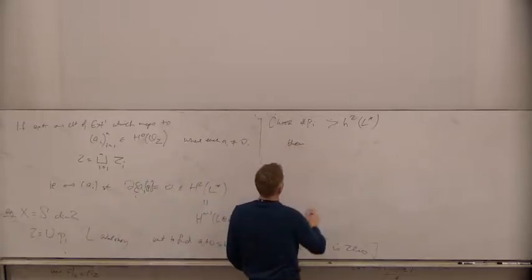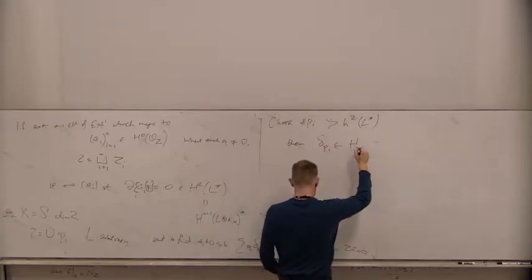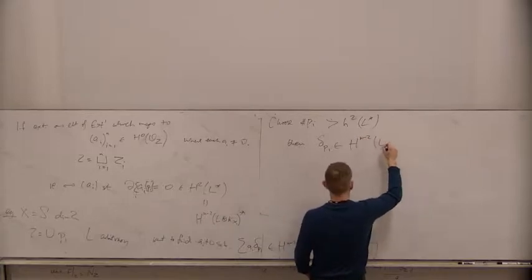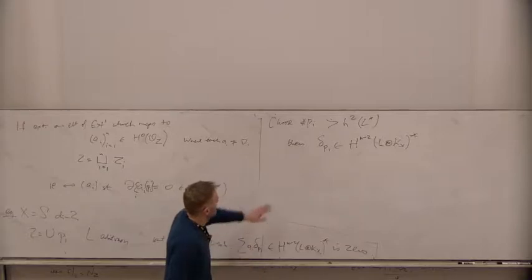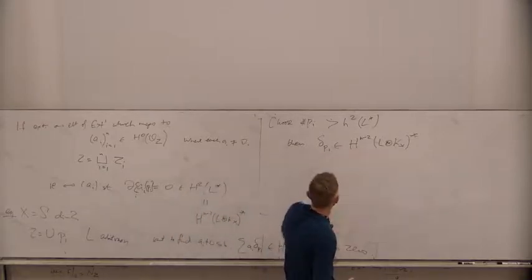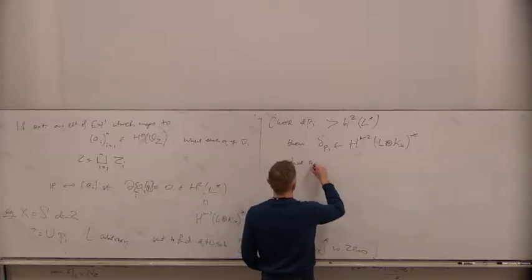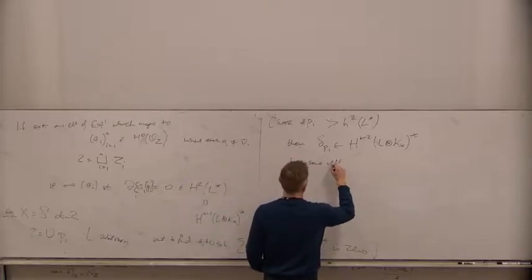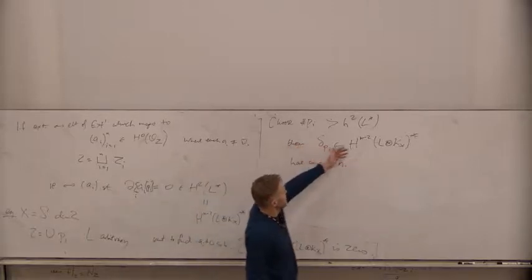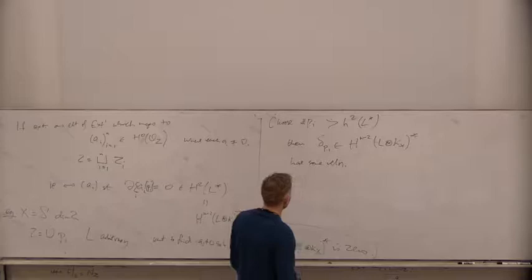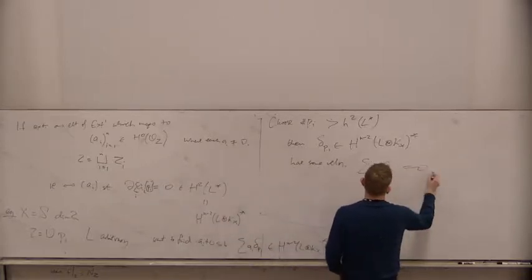Then the linear functionals they correspond to, so I'm just going to swamp this group here by a whole bunch of linear functionals. There must be some relation between them. Can't be linearly independent, so they have some relation. Okay, so I just take too many of them, such that they can't all be linearly independent in here. So I get some sum a_i delta p_i equal to 0.